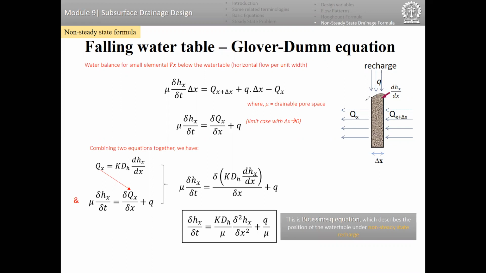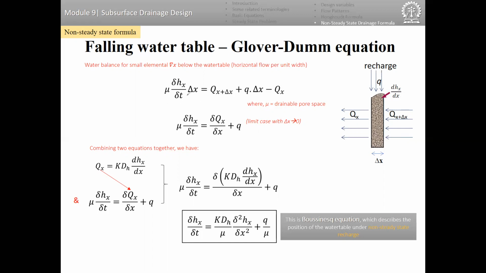And the horizontal hydraulic gradient is falling from this point to this point, represented by dHx by dx. So we write a water balance for this small elemental volume of length delta x below the water table.